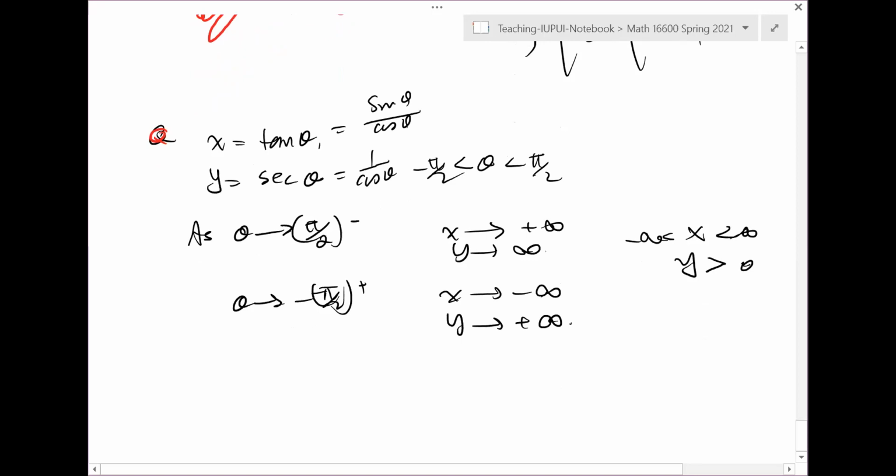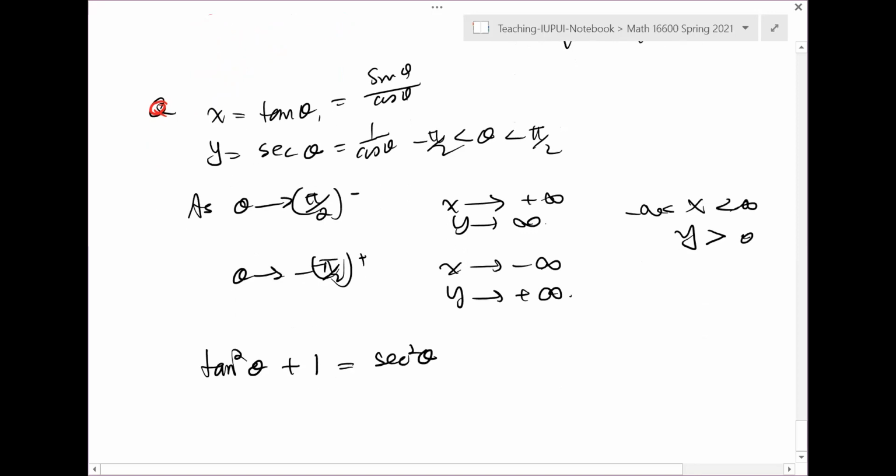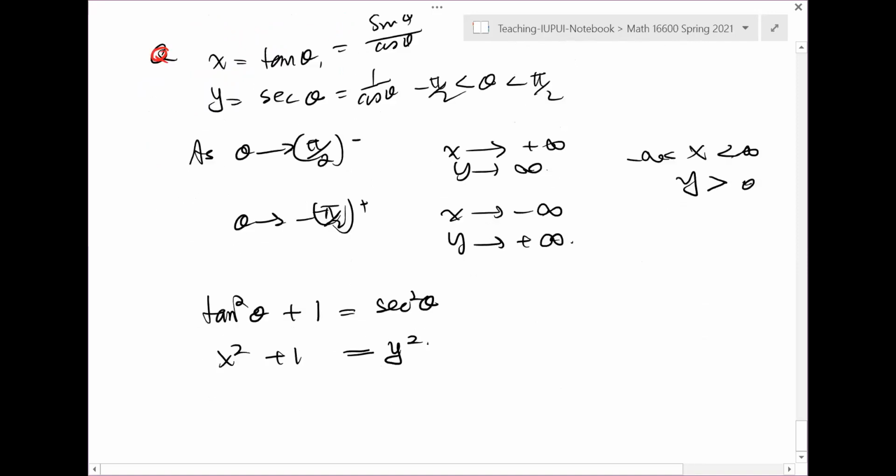It's not easy to find out, but I know that tangent squared theta plus 1 is going to be secant squared theta. So that's a relationship. So x squared plus 1 equals y squared.